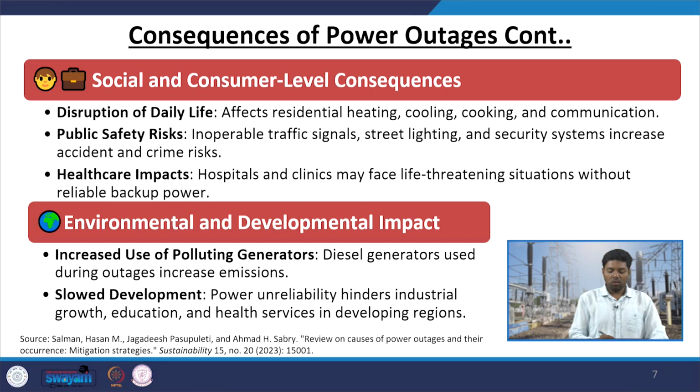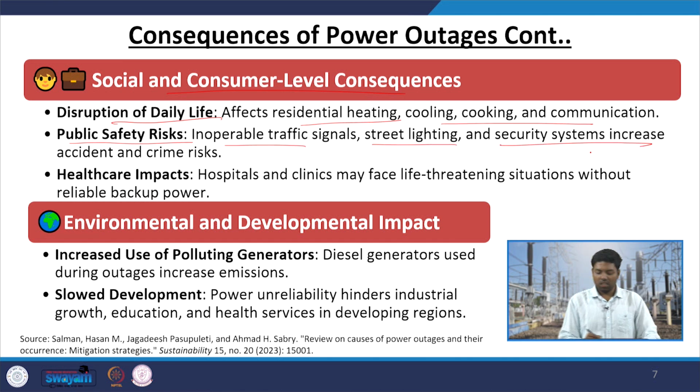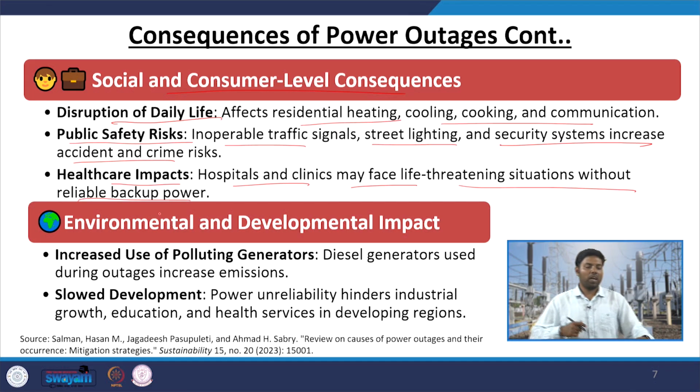Apart from that, you have social and consumer level consequences. What are they? Disruption of daily life affects residential heating, cooling, cooking and communication. You have public safety risk: inoperable traffic signals, street lighting and security systems increase accident and crime risks. Healthcare impacts: hospitals and clinics may face life threatening situations without reliable backup power.